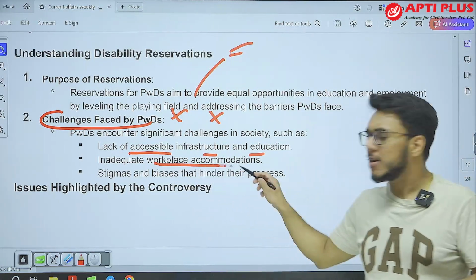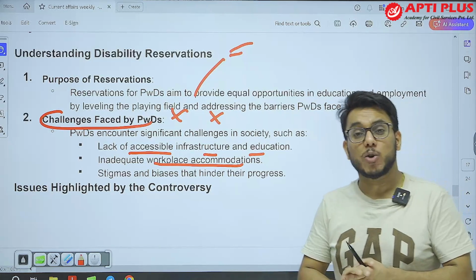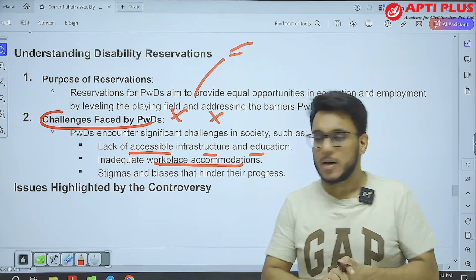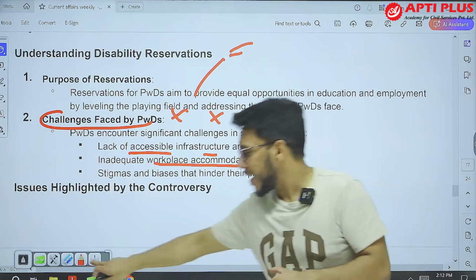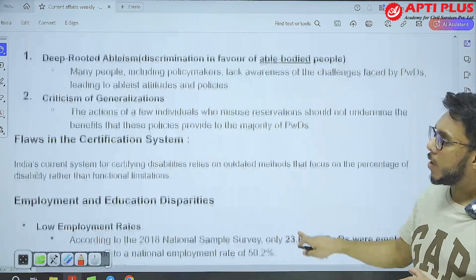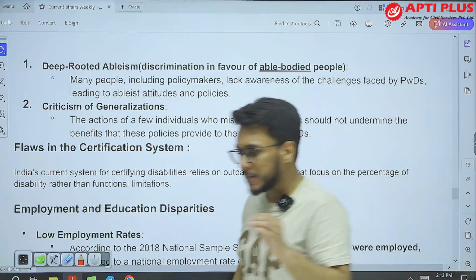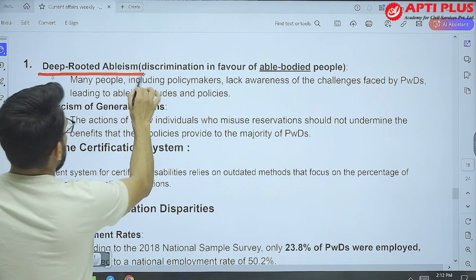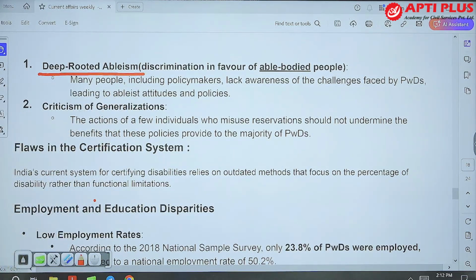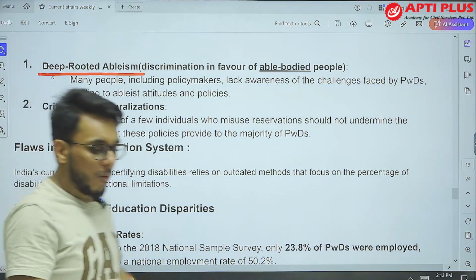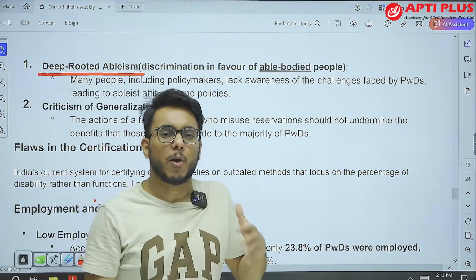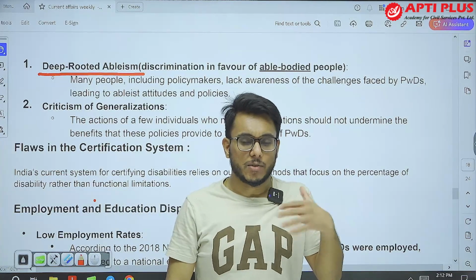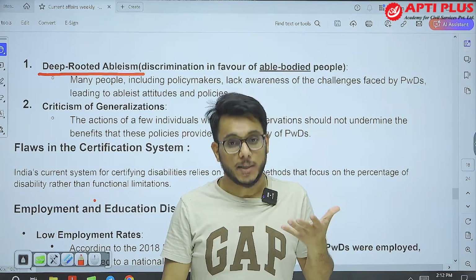Secondly, even in the workplace they are not accommodated, and there is a lot of social stigma against disabled people. There are biases. We also find deep rooted ableism. We always think from the perspective of an able bodied person.